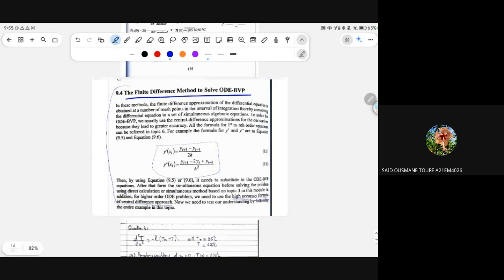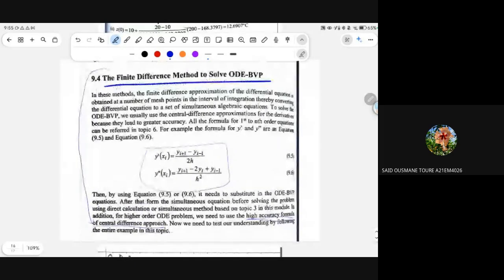I prefer to start with the finite difference method. It says that for any second degree order differential equation, that means that you have, for example, d square y over dx square plus dy over dx plus y equals 0.